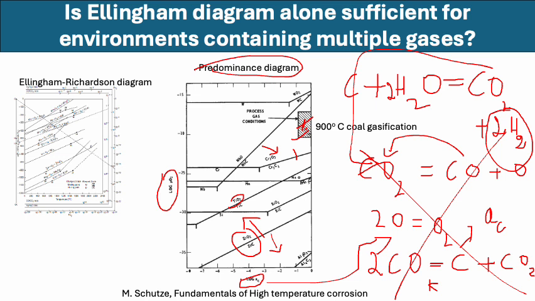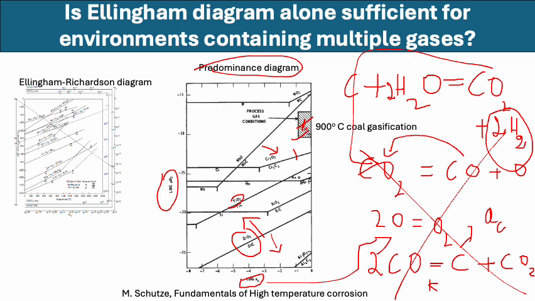So there are predominance diagrams for sulfide containing environments. You can have sulfur dioxide, and we can have chlorine containing environments, Cl2 induced corrosion. So in hot corrosion, we also need to consider environments that consist of multiple gases that are very industrially relevant. In that case, you need to use a predominance diagram.